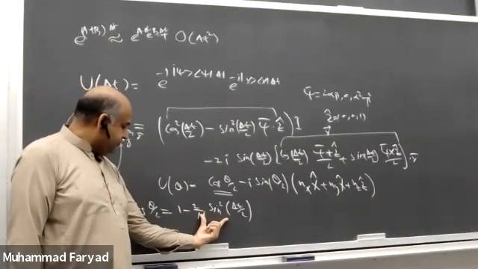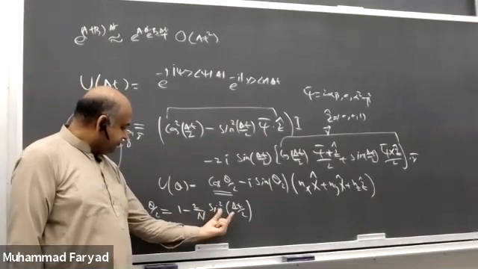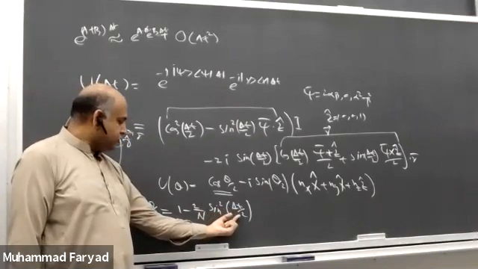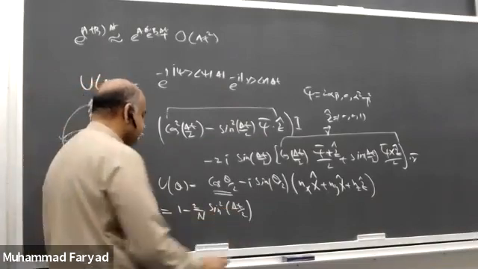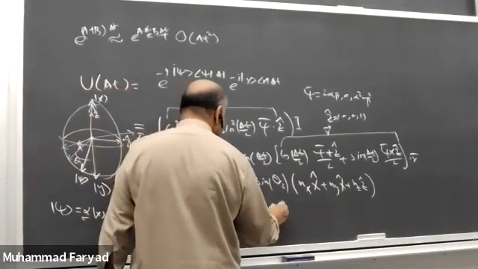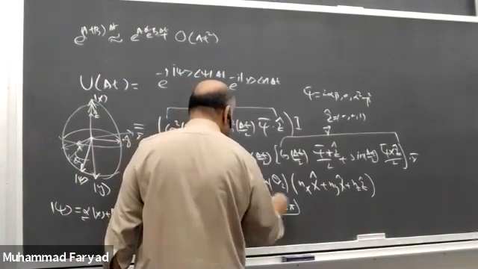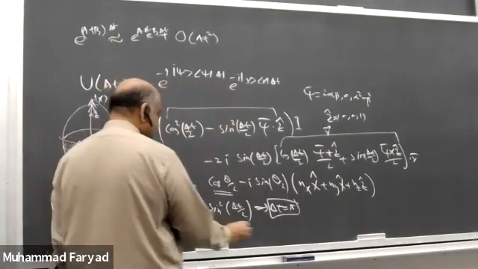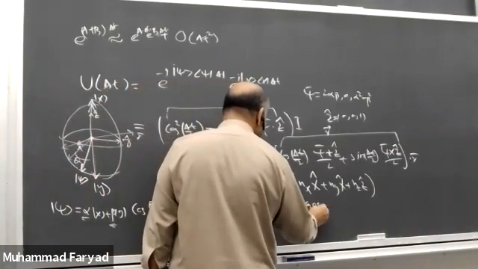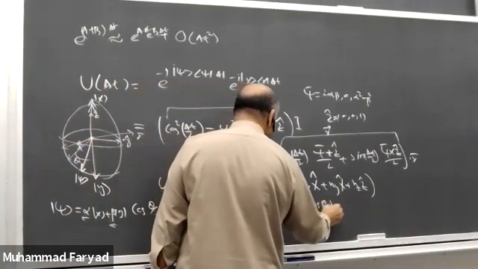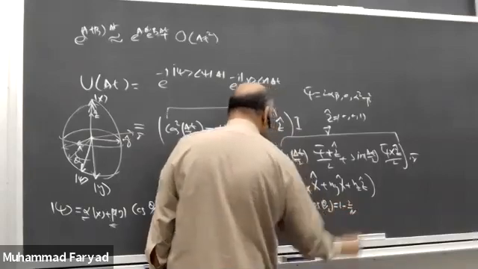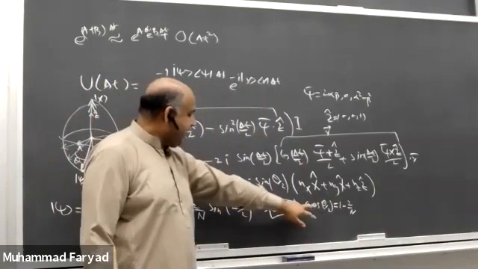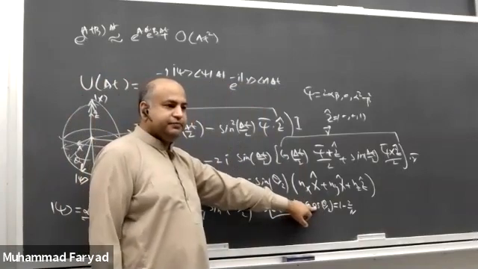And this will be maximum when delta t by 2 is pi by 2, or when delta t is pi. So this means that I should choose delta t to be pi. When delta t is pi, this is pi by 2, which is 1. So cos theta by 2 is 1 minus 2 over n. So this is the maximum possible rotation that we can get.